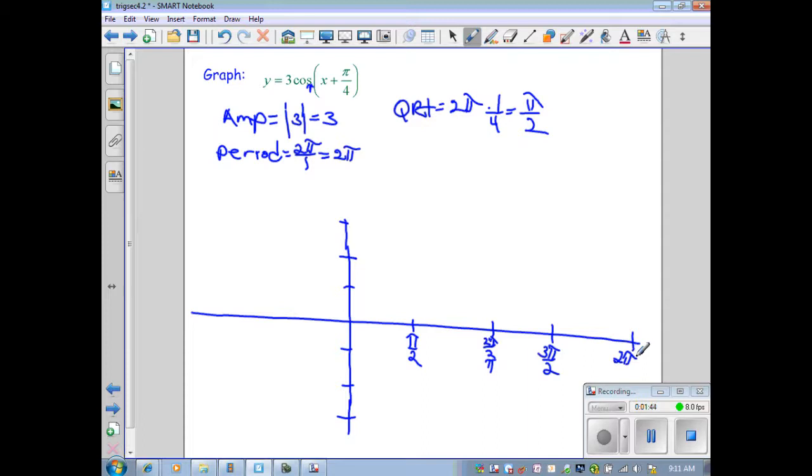Since this is the cosine function, I'm going to start off the origin. In this case, the amplitude is 3, so I'll start at 3, and then follow the process of 0, negative 3, 0, and finally positive 3, finishing what I started with. And then we generate a smooth curve.